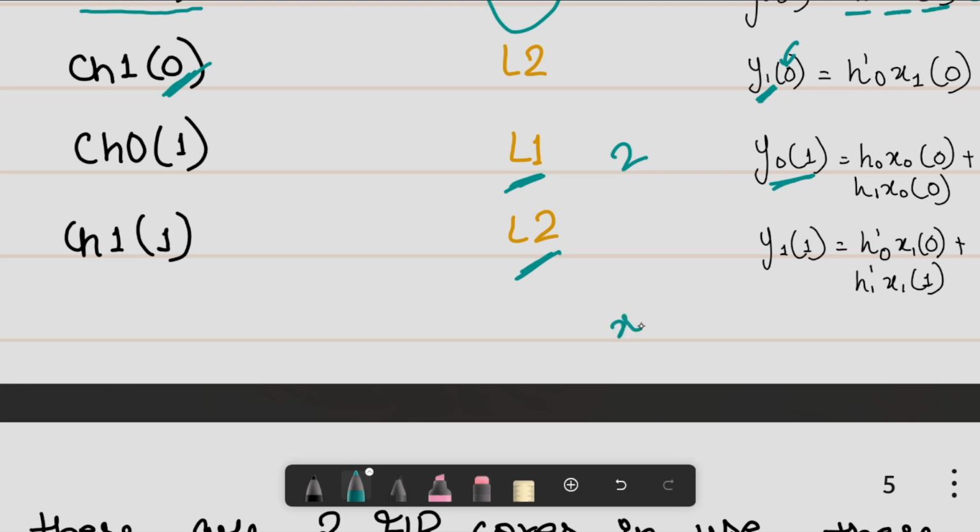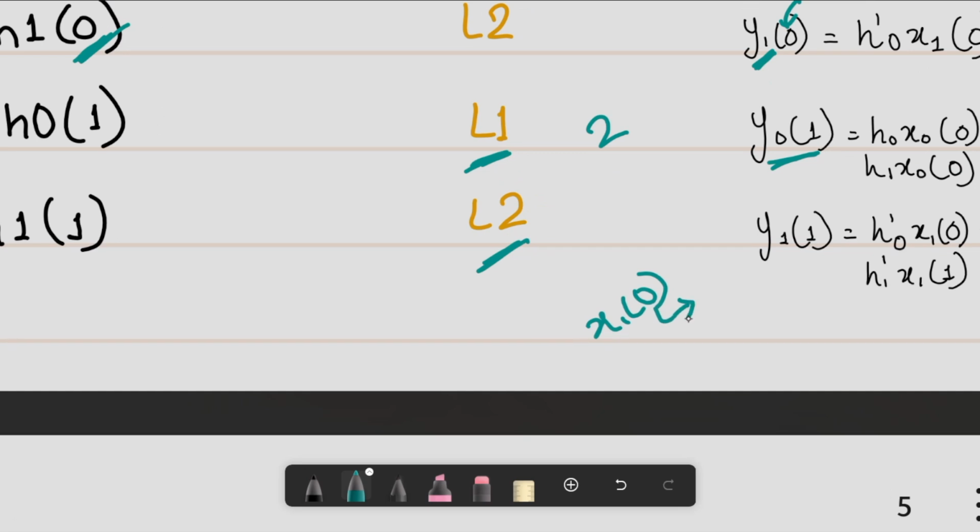The X10 represents the 0th sample on the first channel, and X11 represents the first sample on the first channel. The lower number over here always represents the channel, and the number in the bracket represents the number of sample.